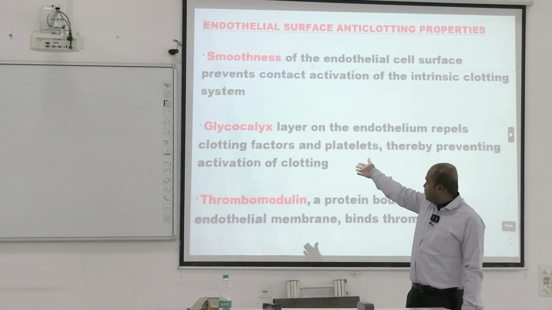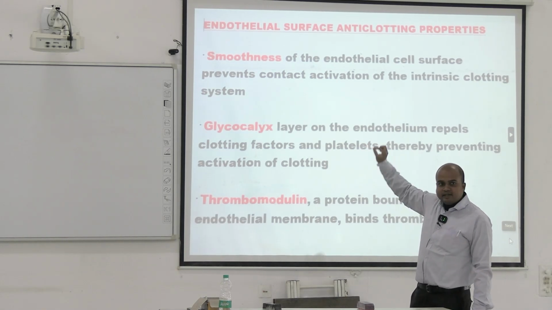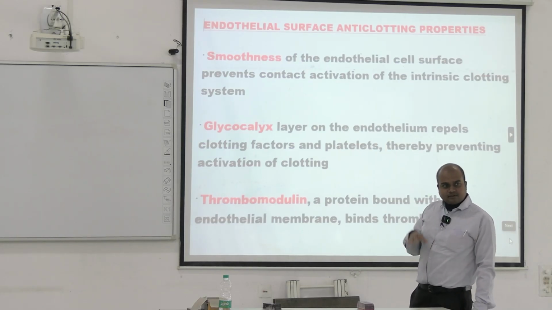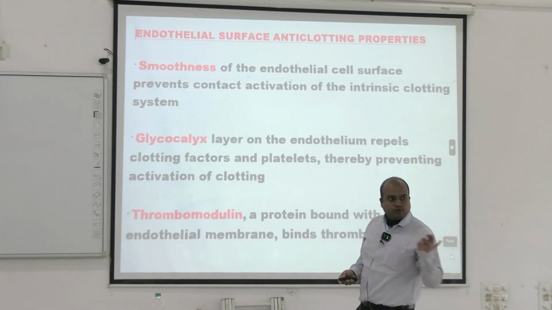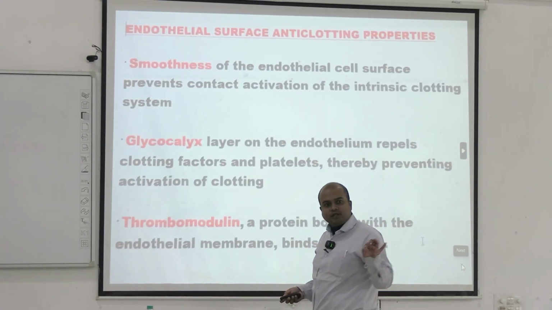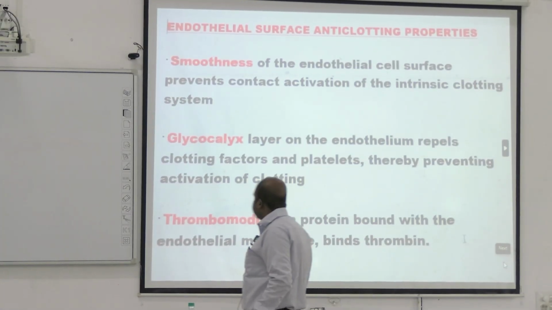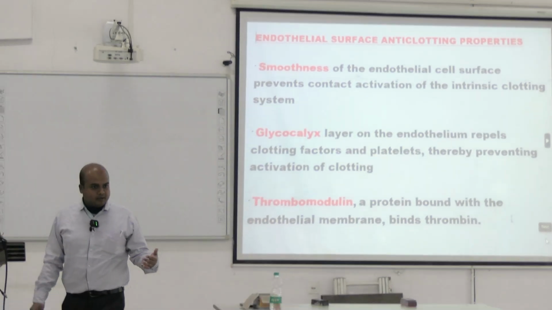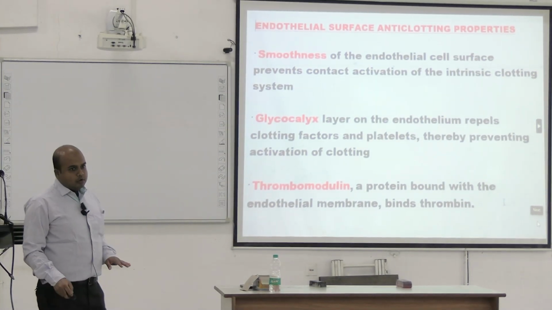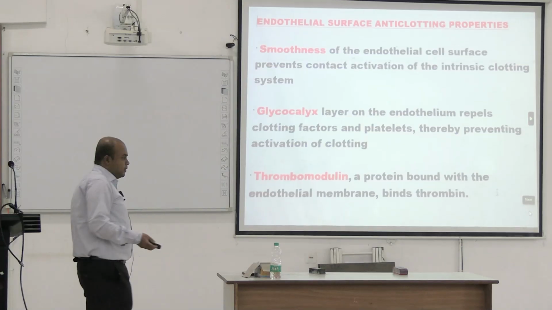If you can write what is marked in red here, at least the lines, even if you cannot write how it does it, you will get some credit. Smoothness of the endothelial surface, glycocalyx present on the endothelial surface, and thrombomodulin, which binds thrombin and does not allow thrombin to act as it should.